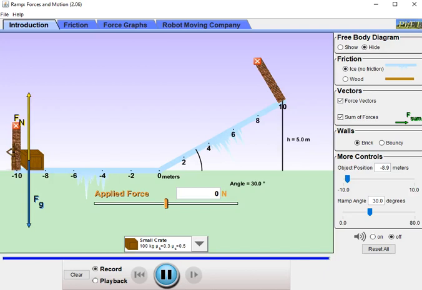Taking a specific example, as you can see, there is a situation here. I'm using a simulation from the PhET Colorado website. As you can see, PhET is written on the top right corner, right below the minimize and maximize bars.